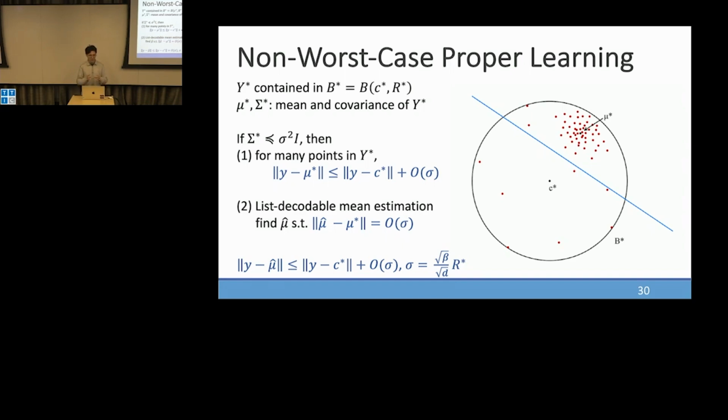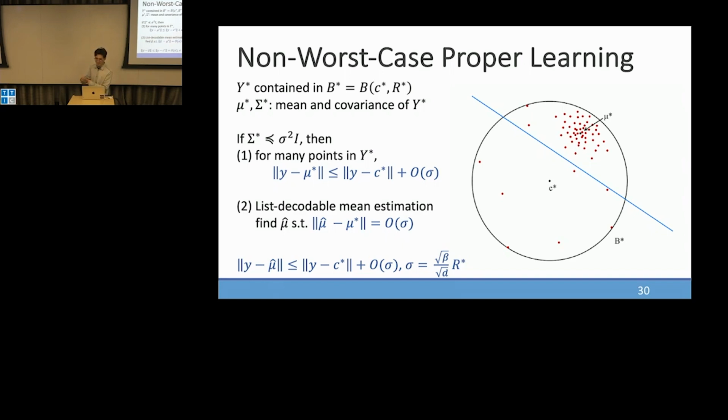So we can pick a ball shifted towards this mean mu star such that it covers most of the points inside the ball and still has a small radius. So this is the first observation here.